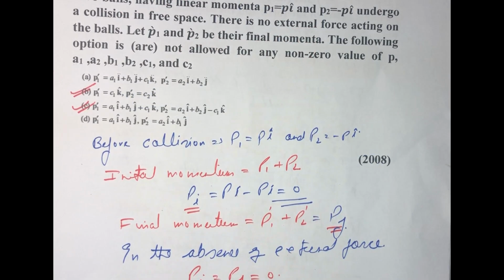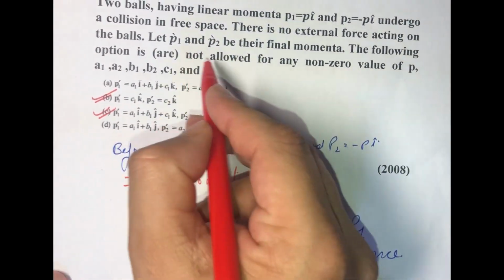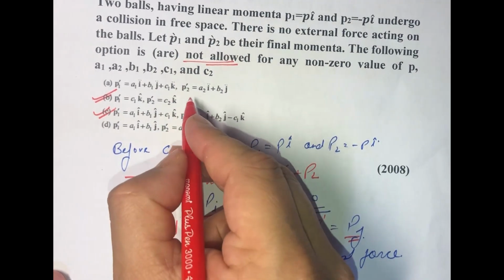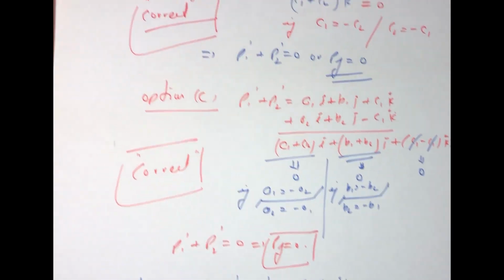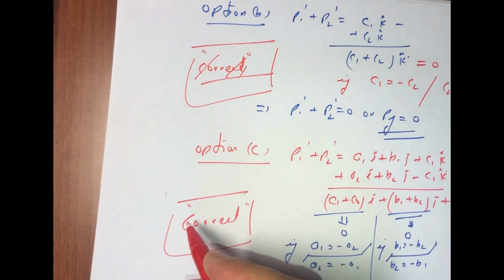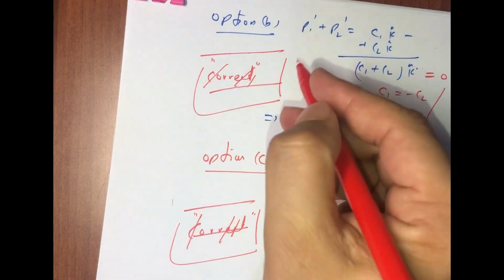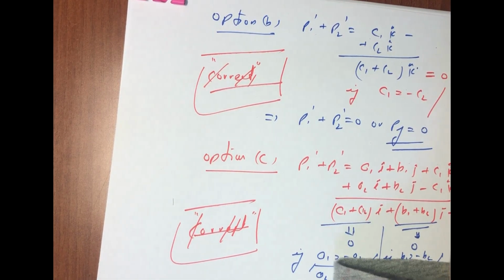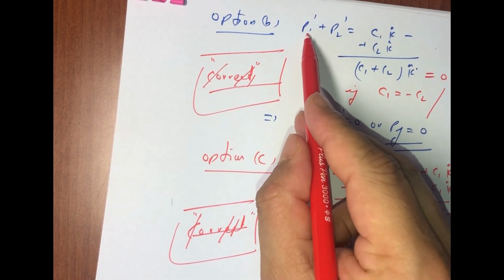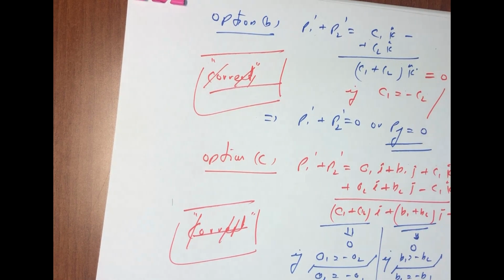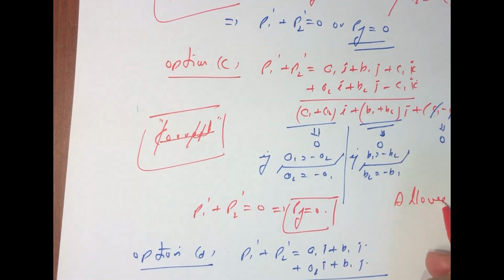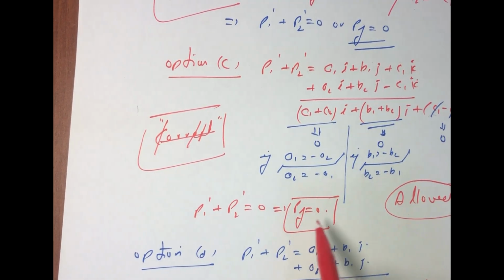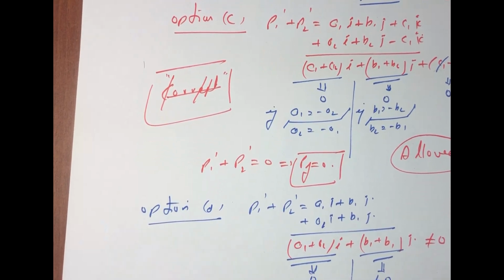There was a slight mistake on my part. It is asked which are not allowed. So this is allowed, sorry, I have written correct. This is an option which is allowed because the final momentum p1 prime plus p2 prime is coming equal to 0, and this option is also allowed because here also it is coming equal to 0, and it is asked for the options which are not allowed.